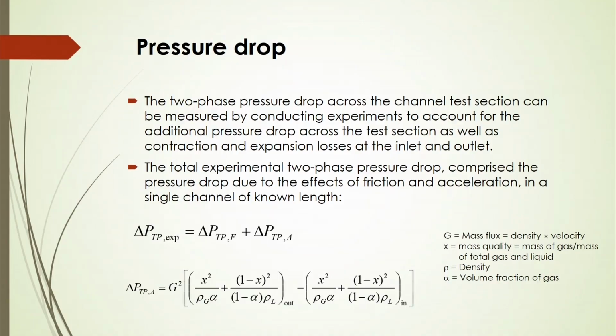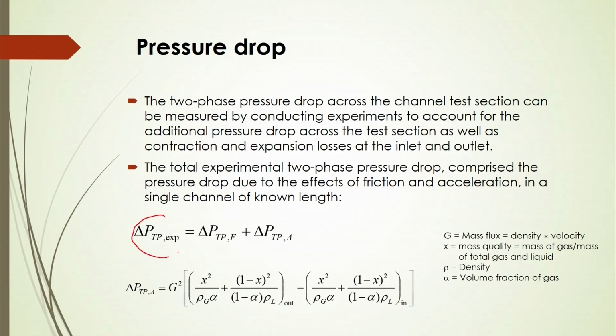In that case, the total experimental two phase pressure drop comprises the pressure drop due to the effects of friction and acceleration in a single channel of known length. It can be calculated like this.